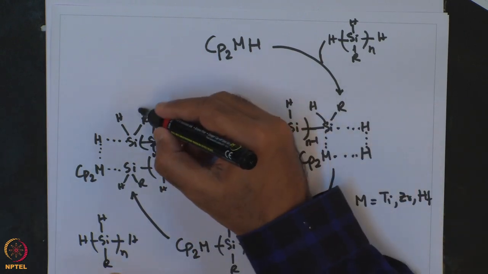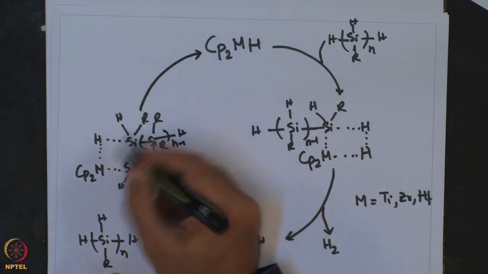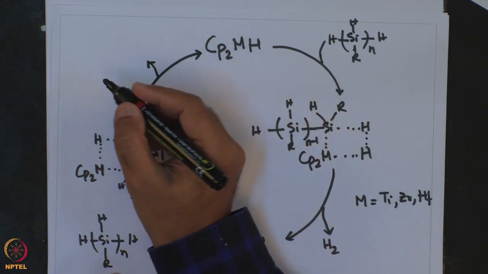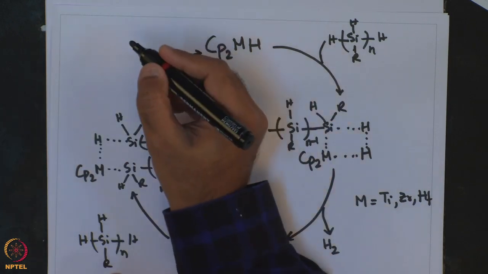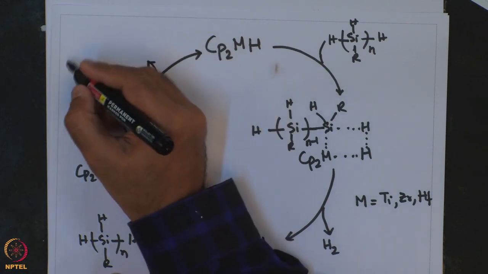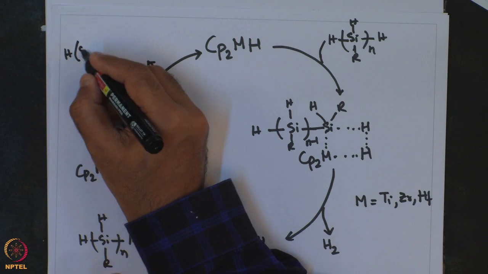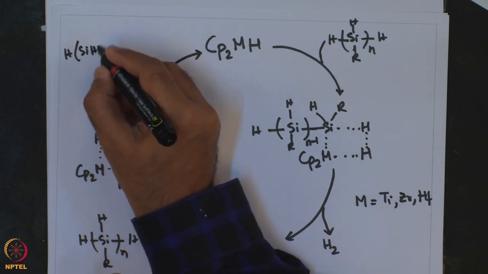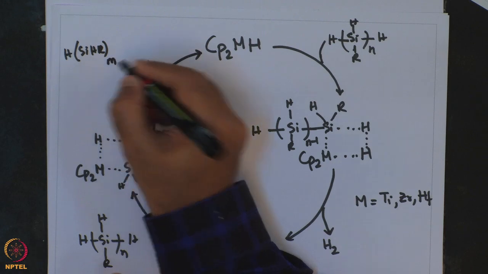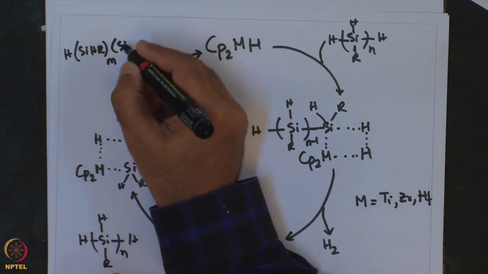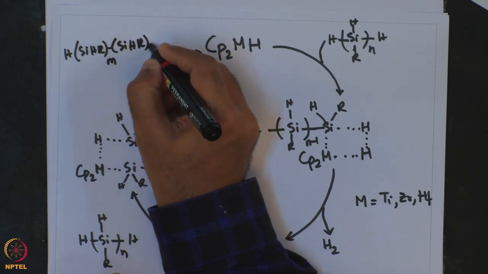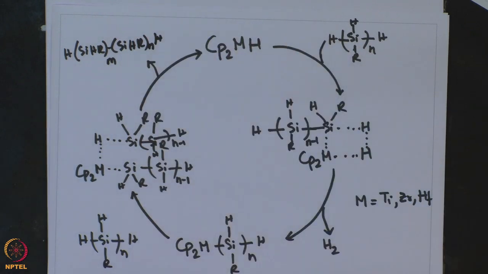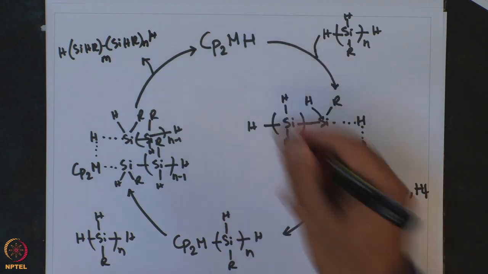Now, these will eliminate this coupled product, which is H-(SiHR)m-(SiHR)n-H, along with the generation of the metal hydride bond.